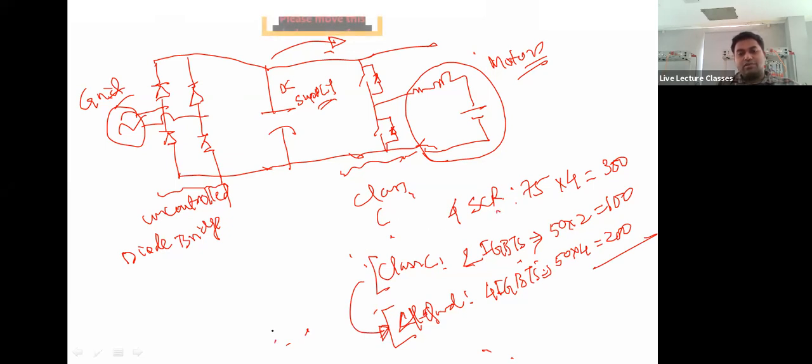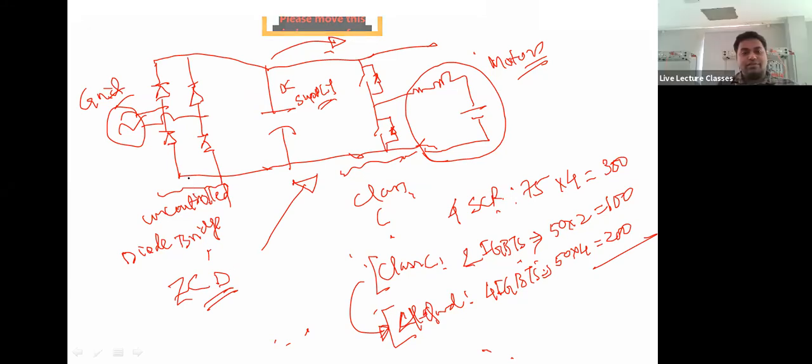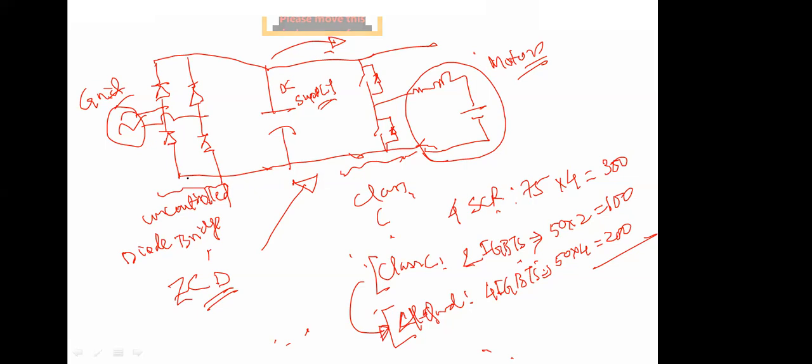Also, this circuit does not require a ZCD. ZCD is a zero crossing detector. Which one seems to be cheaper? This diode configuration is cheaper, right? It does not need a ZCD.